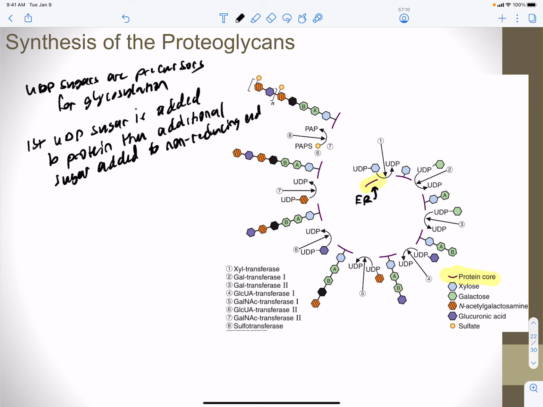The glycosyl transferases are going to be specific for the sugar being added. The type of linkage that forms are going to be with the sugars already present, of course. Sulfation occurs after the addition of sugars.